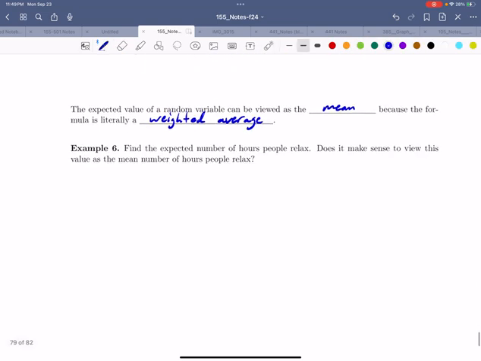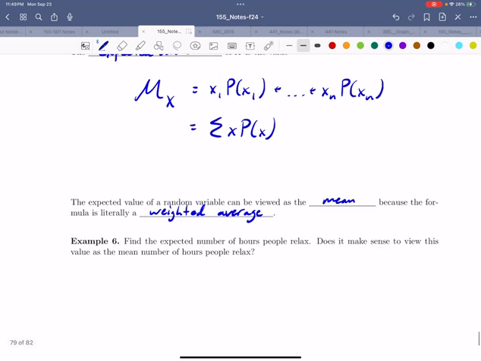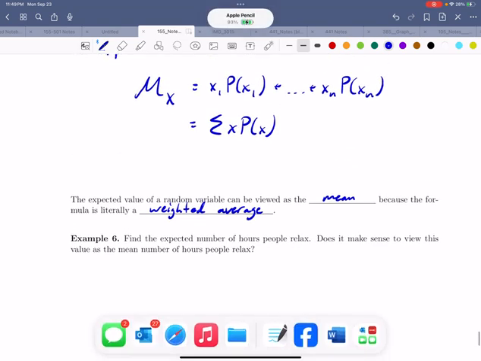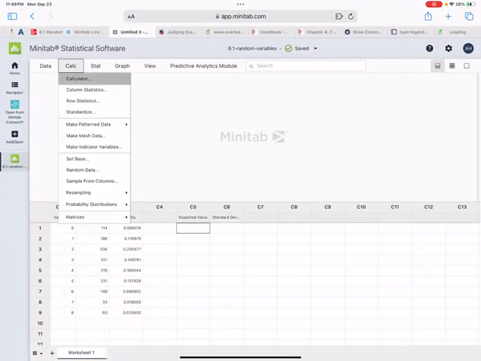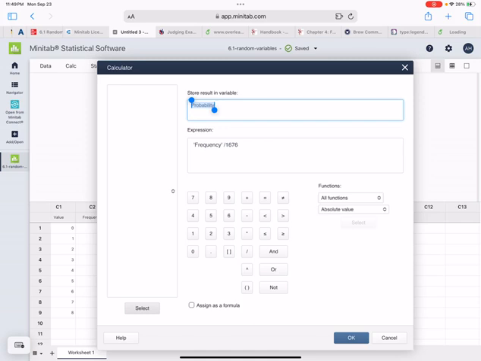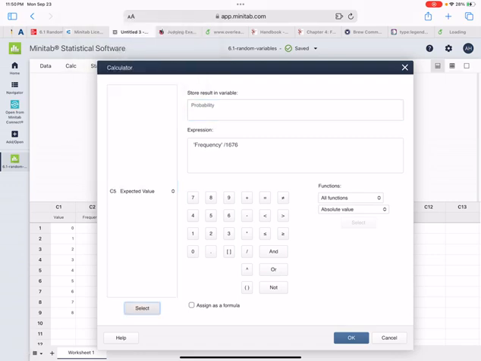So if we say find the expected number of hours people relax, let's use our trusted Minitab. Hopefully this will work. So we go to calculator. And this time we'd like to store it in variable expected value. What's going to be the expression?